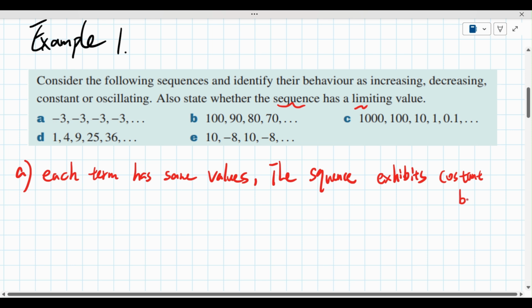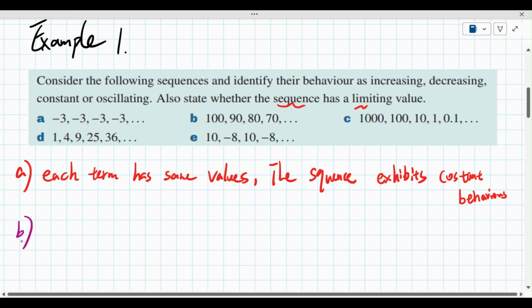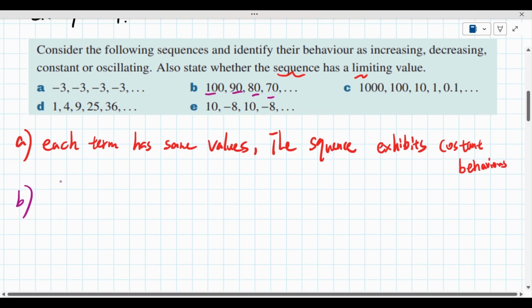Another thing we need to know is the difference between the terms. If you see the terms, we look at the difference from one term to the next, and we can say this one is decreasing.